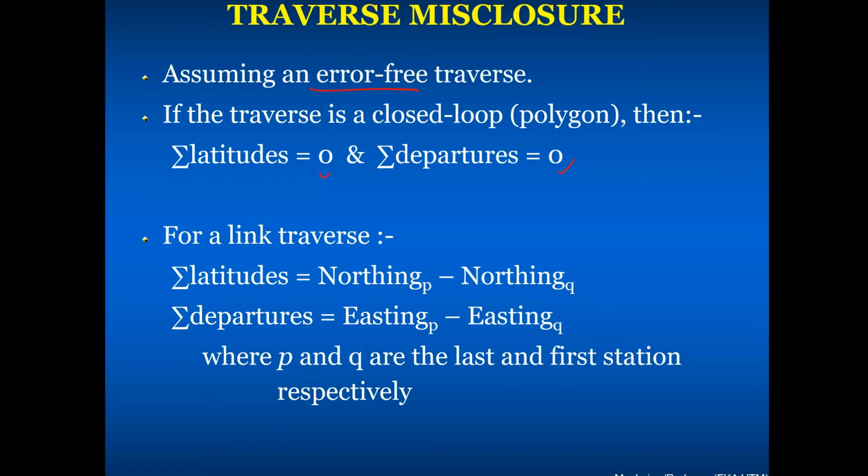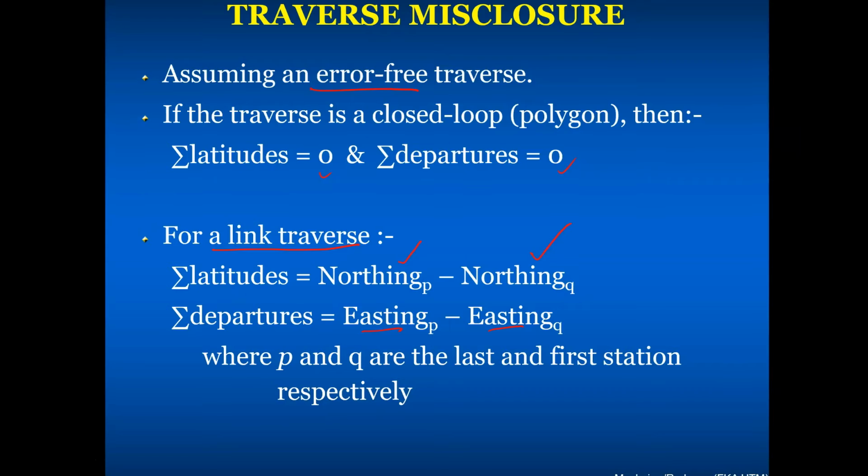For a link traverse, however, assuming there's no error, the sum of latitude should equal the northing of the last station minus the northing of the first station. And the same applies to departure, whereby you take the difference of easting between the first and the last station.